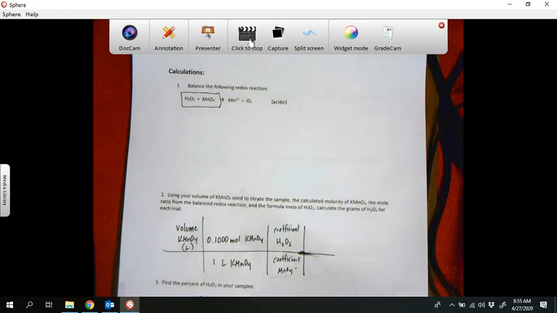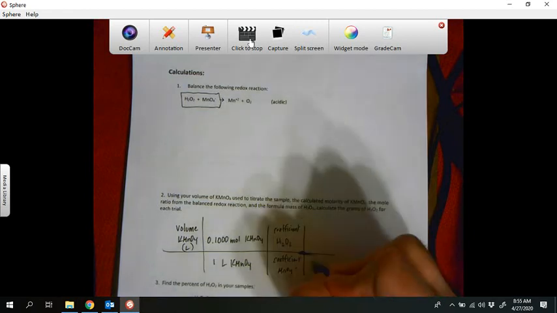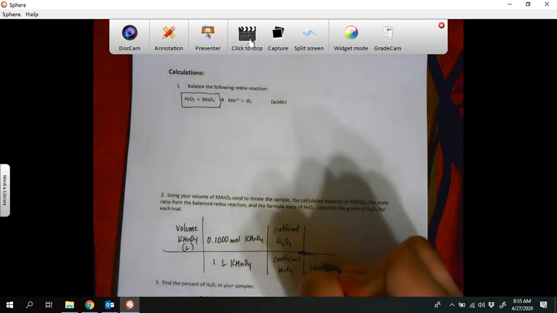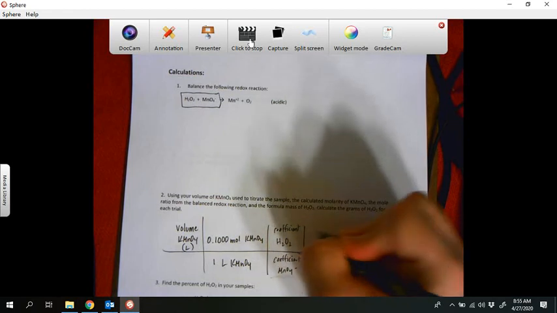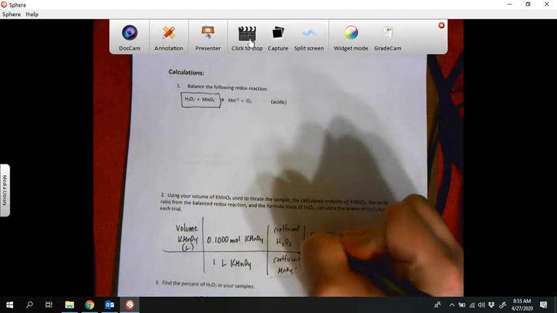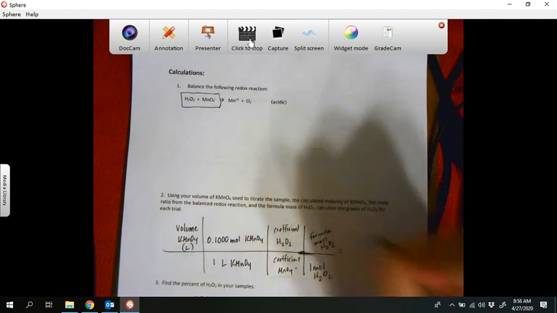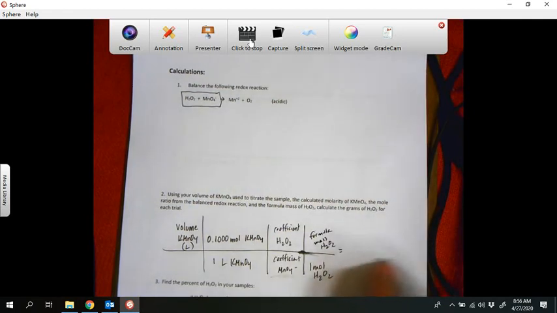And since that's in moles, we want to know grams of H2O2, so we have to calculate in 1 mole of H2O2, we need the formula mass of H2O2. And that is going to give you how many grams of H2O2 there were in each one of those trials.